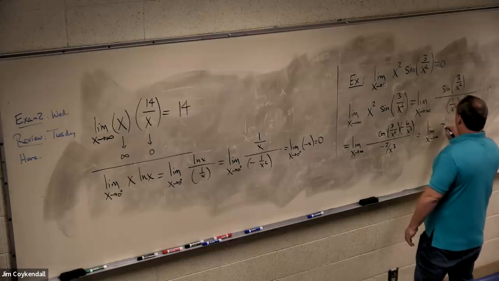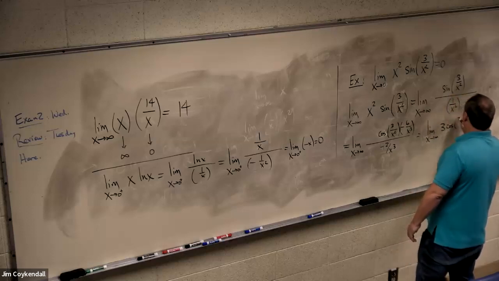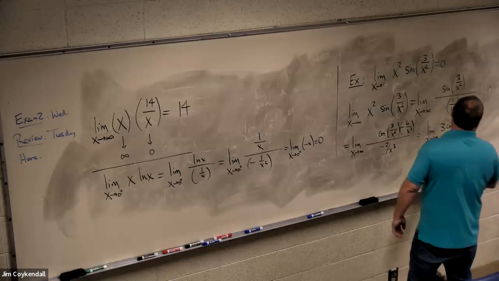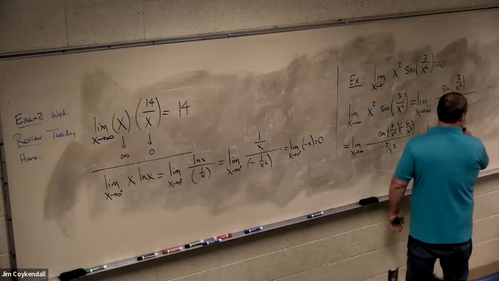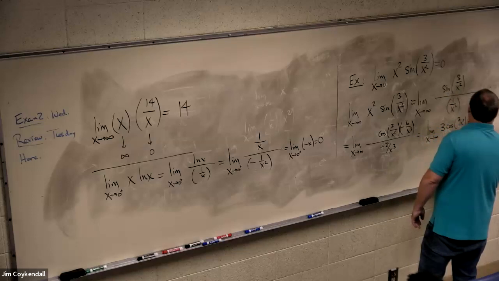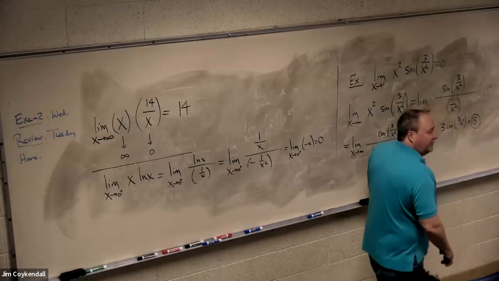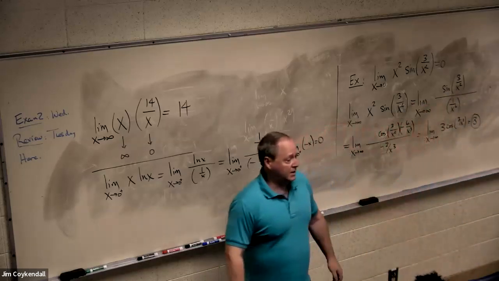So 3 cosine of 3 over x squared. As x goes to infinity, that's 3 cosine 0. So here's an infinity times 0 that ended up being 3.